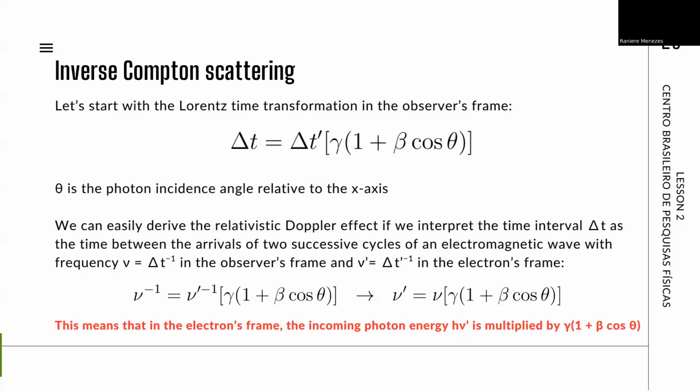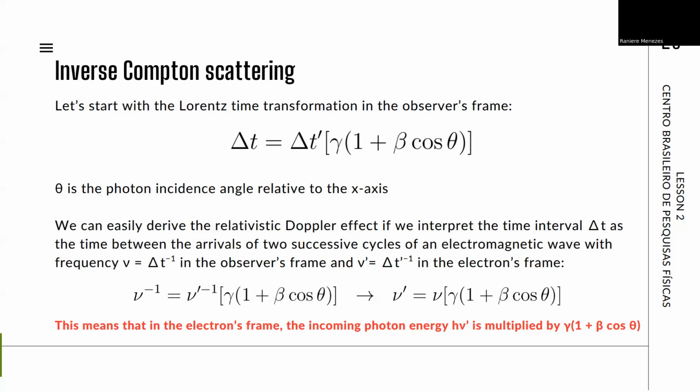It's a lot of text. We can easily derive the relativistic Doppler effect if we interpret the time interval dt as the time between the arrivals of two successive cycles of an electromagnetic wave with a frequency given by 1 over this time interval, okay?